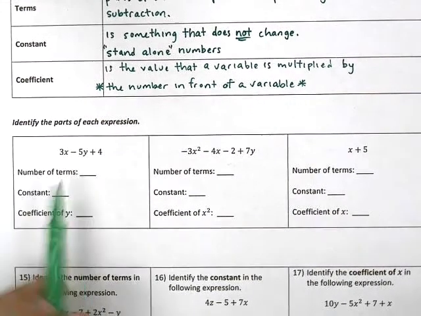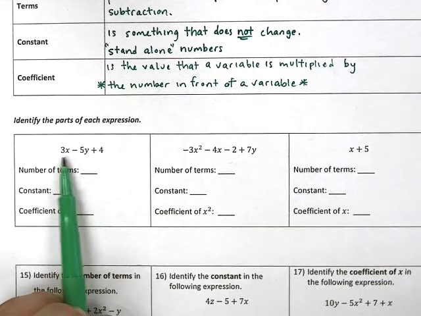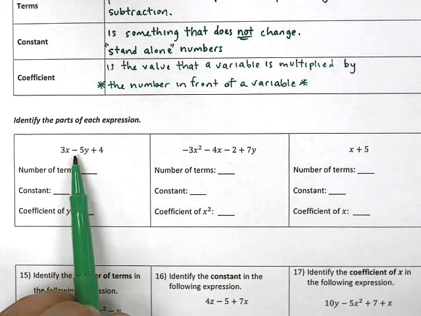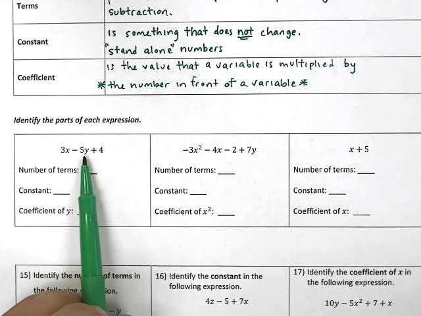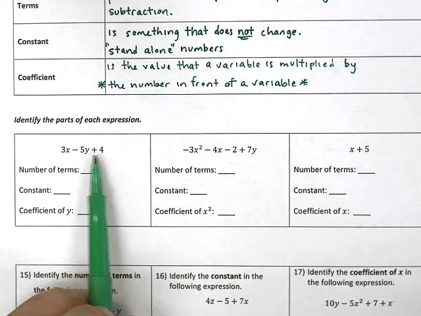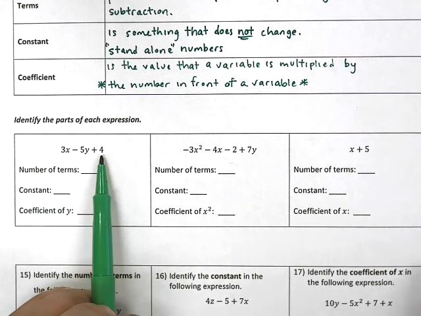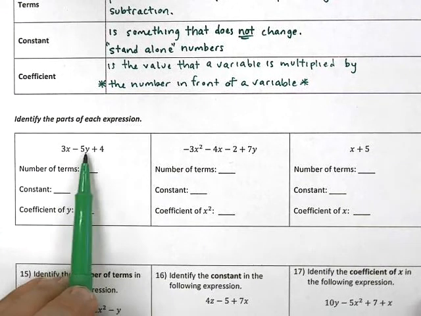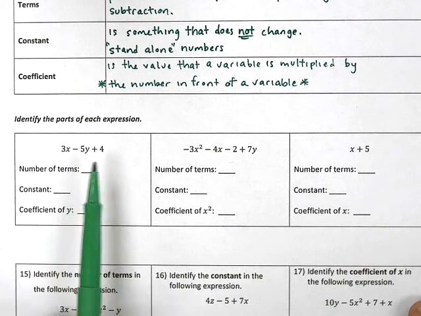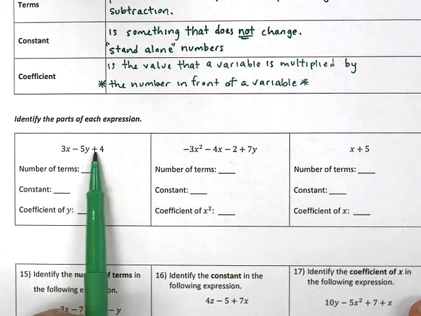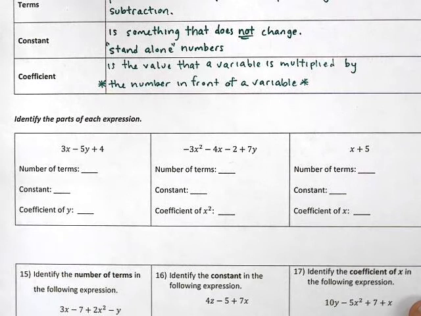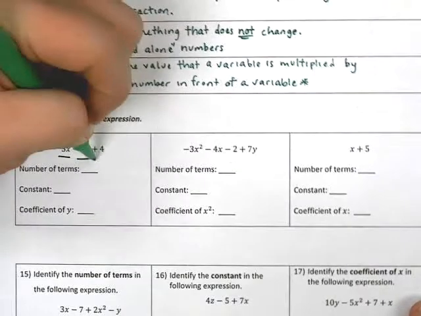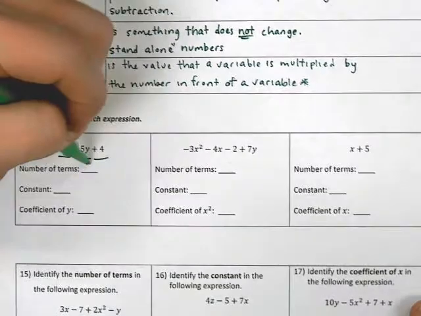Well, we see that I have 3x, and then I'm subtracting 5y, and then I'm adding 4. All right, so there are 3 different pieces or parts being split or separated by subtraction and addition signs. So this is a term, this is a term, this is a term. 3 terms.